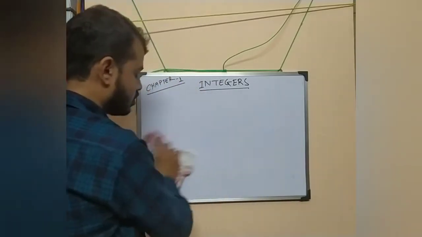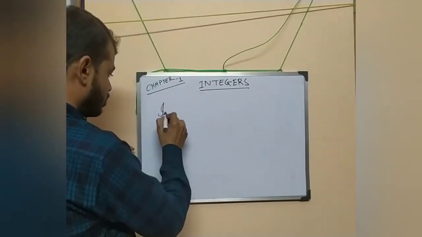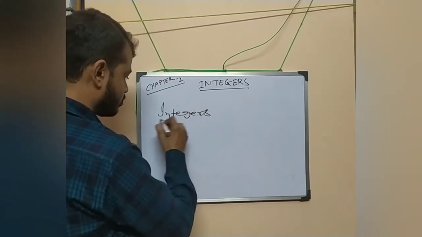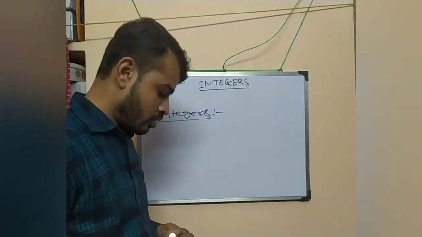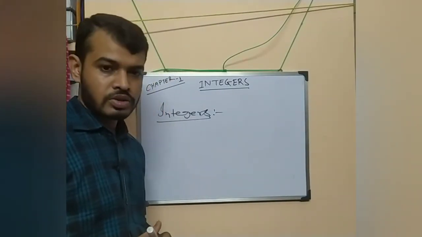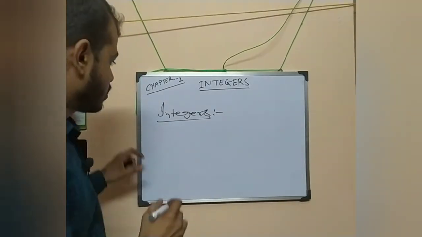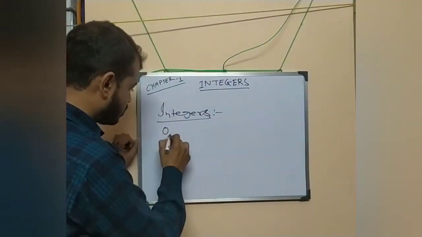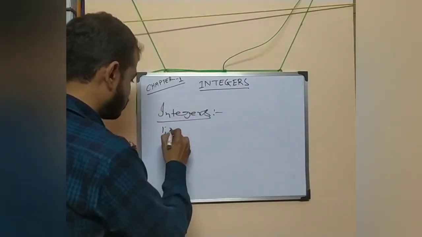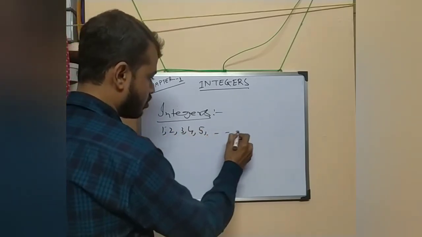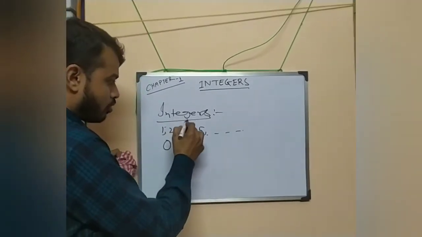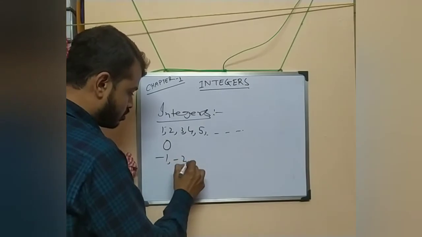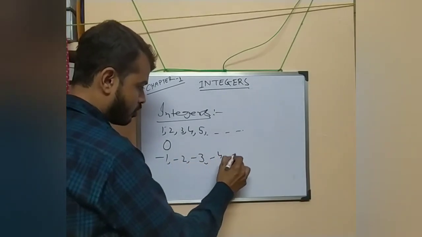Next, integers. Which numbers are called integers? All the natural numbers, 0, and the negatives of counting numbers are called integers. That means all whole numbers, that is 0, all natural numbers 1, 2, 3, 4, 5, and all the negatives of natural numbers, that means minus 1, minus 2, minus 3, minus 4, minus 5.